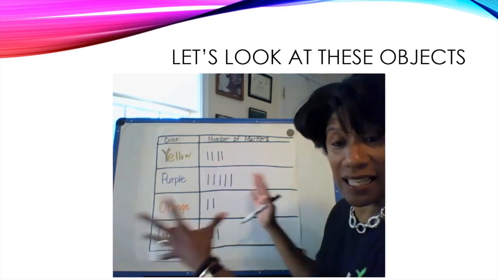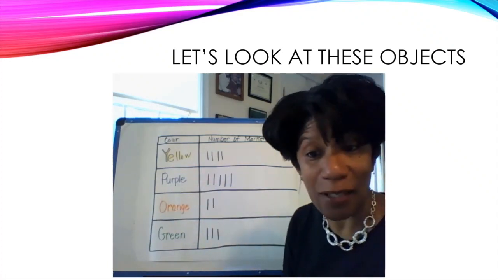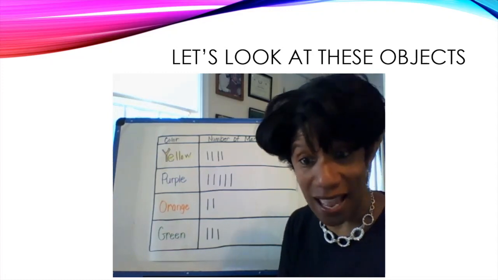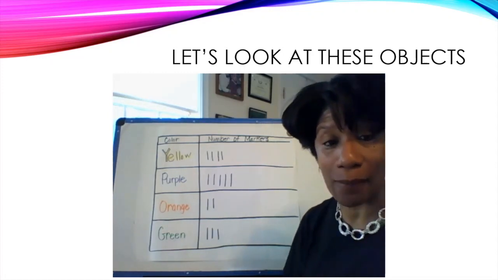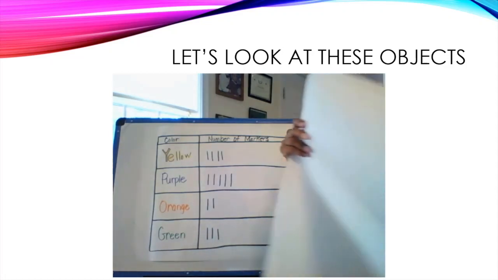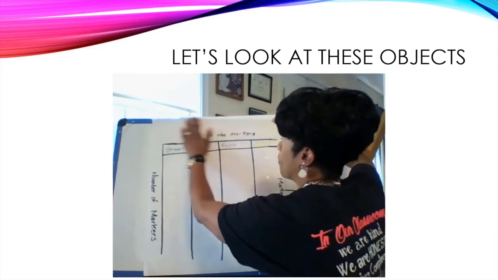Now that we've collected our data, we've got it all organized on our table, we can put it on, that's right, you said it, on a graph. So now we're going to make our object graph with our markers. So let's see if I can put my chart up here, my chart paper.